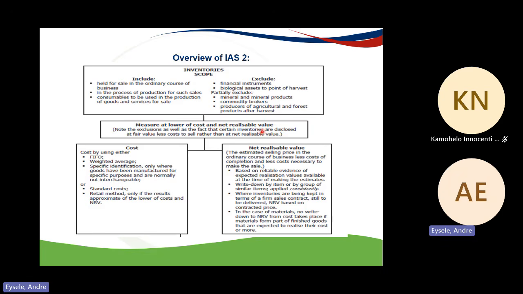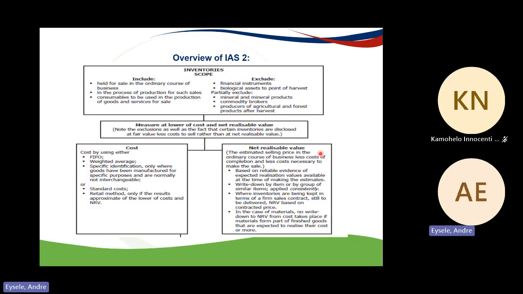To come back to your NRV, remember, net realizable value is not the fair value that you can obtain in the market, but the value that is entity specific, meaning the entity itself determines the NRV value. But we will come back to the example of NRV when we are dealing with the practical examples.